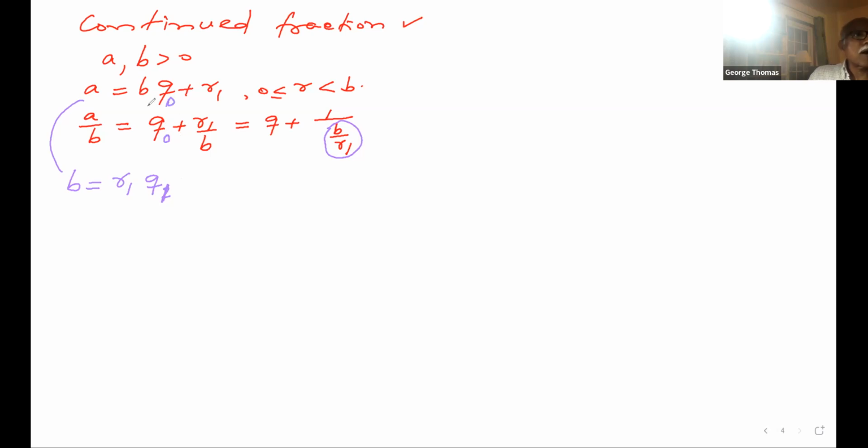According to a theorem we know, we can now apply the division theorem to this pair, R1. Agreed? Yes. And we get B equals R1 Q1 plus R2. Therefore, B over R1 equals what?